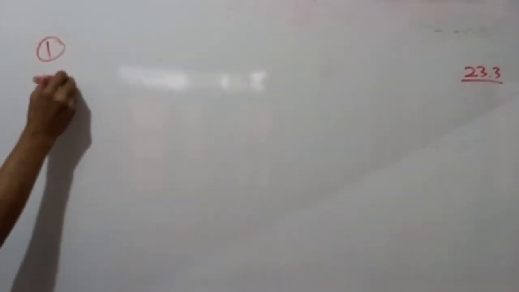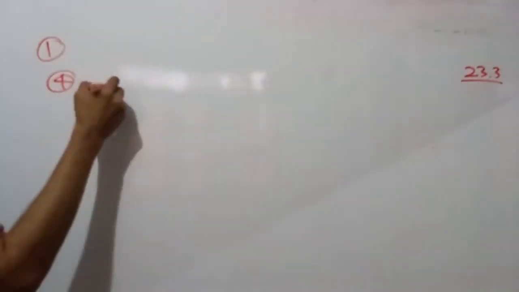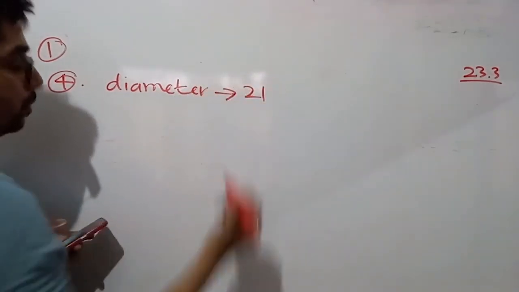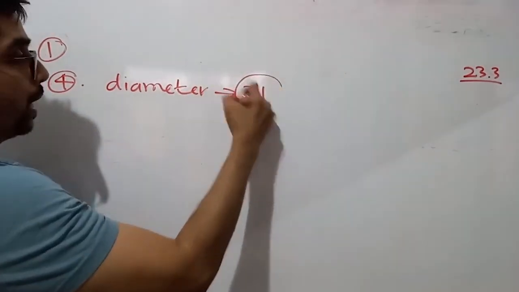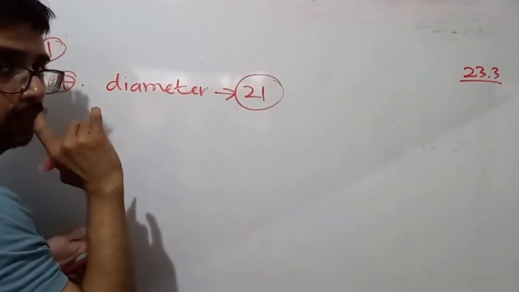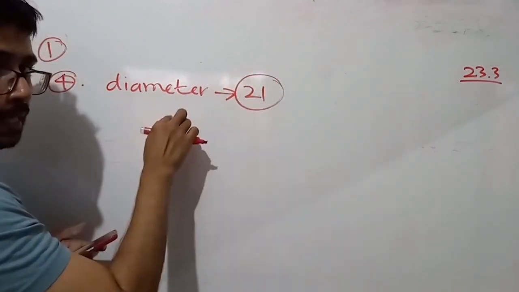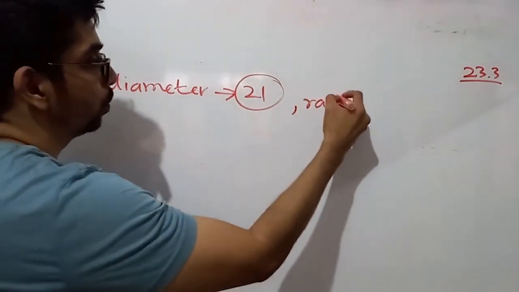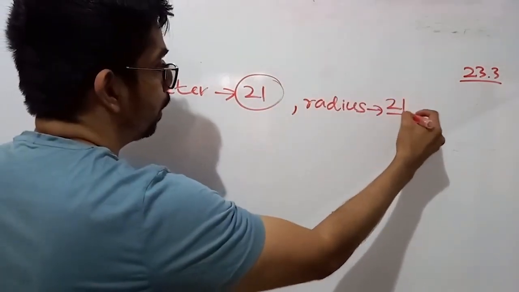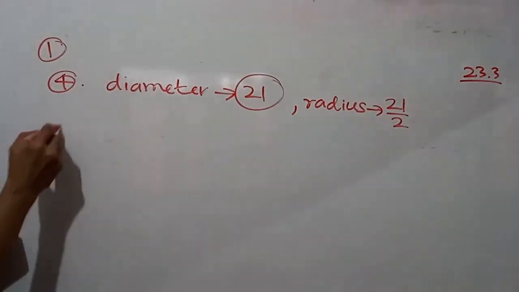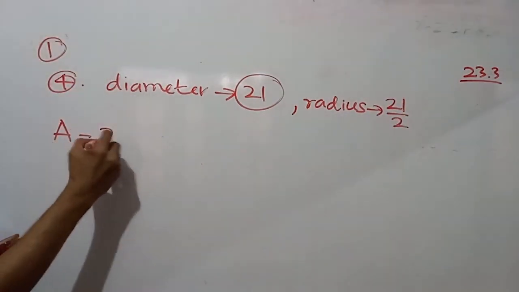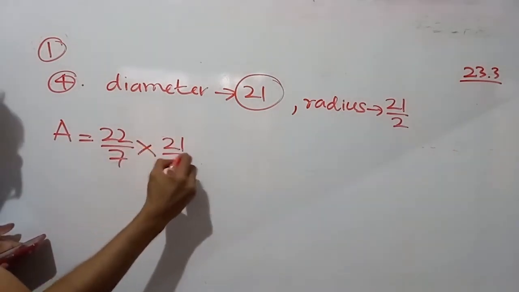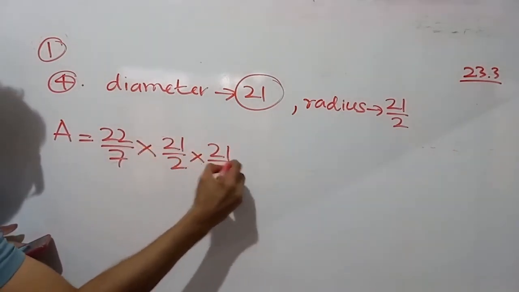In that part also we have been given not the area but the diameter. So that is 21. Radius is half of this, so rather than dividing it by 2 first, we take the radius just as before, 21 divided by 2. Right? So the area will be pi times 21 by 2 multiplied by 21 by 2.